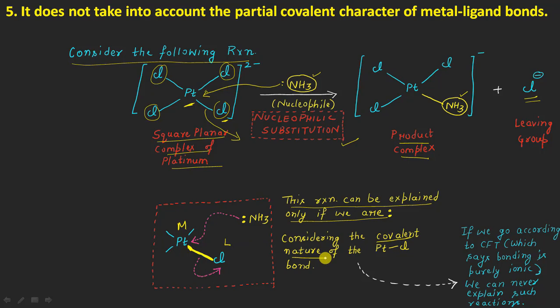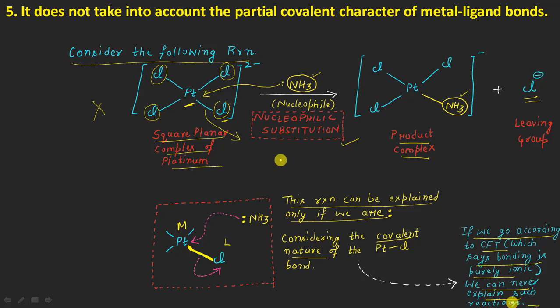And if we do not consider the covalent nature here, such reactions can never be explained. And if we go according to the crystal field theory, which says that bonding is purely ionic, we can never explain such reactions and their mechanisms, right?